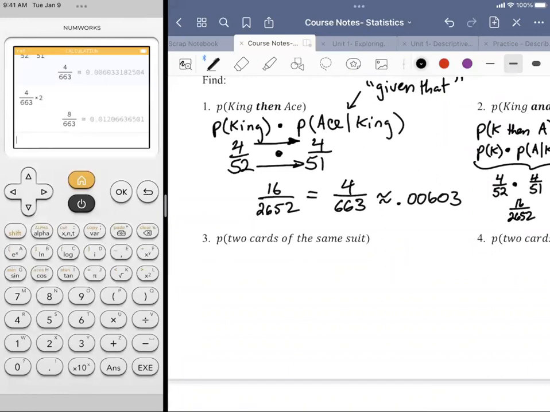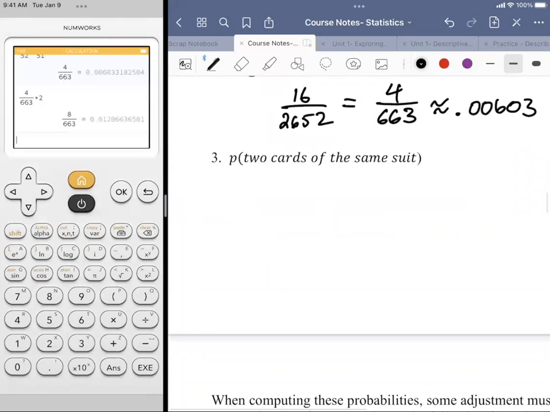Now, probability of getting two cards of the same suit. So remember the suits: hearts, diamonds, clubs. Yeah, that never looks good. And the spade. All right.